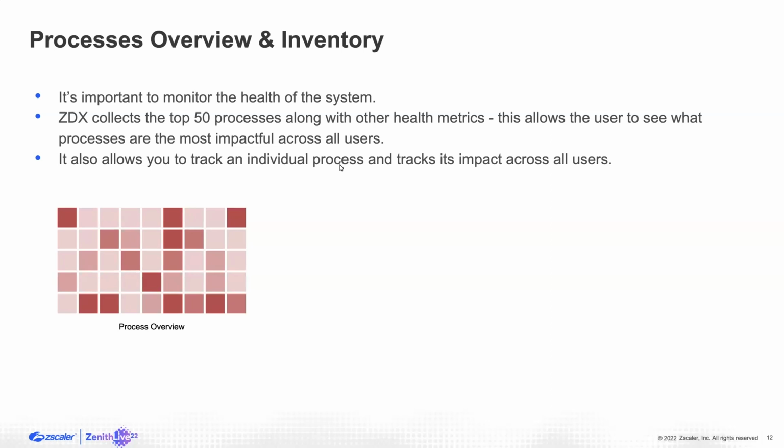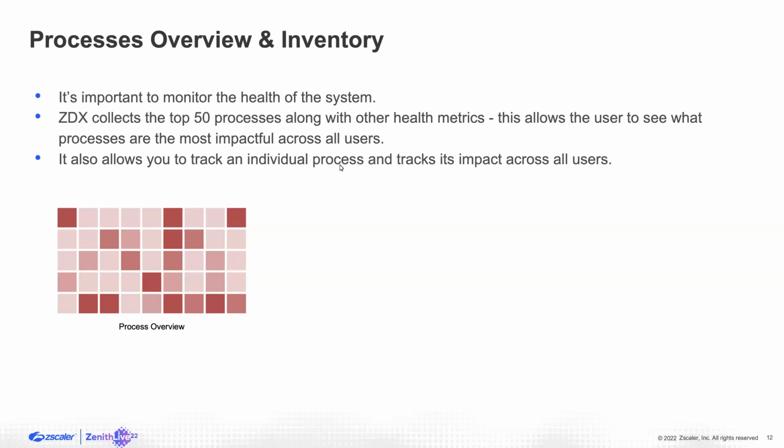And instead of using a tree view where you have different box sizes, the color is basically used to identify the total number of breaches it has had on the threshold that we have set up. So the darker the box gets, that means the process has breached a particular threshold that you set up that many more times. The lighter the box gets, it means that it has breached a lot less.